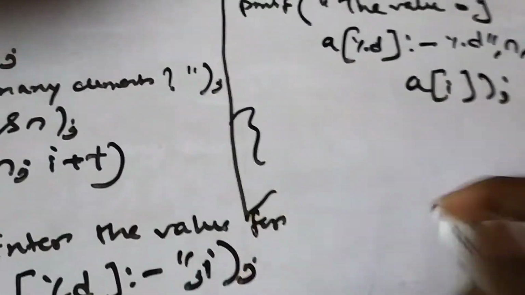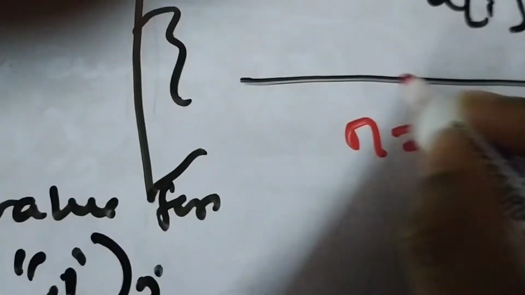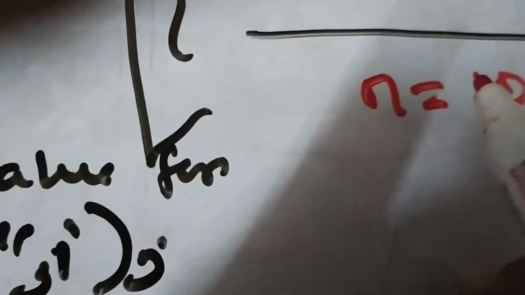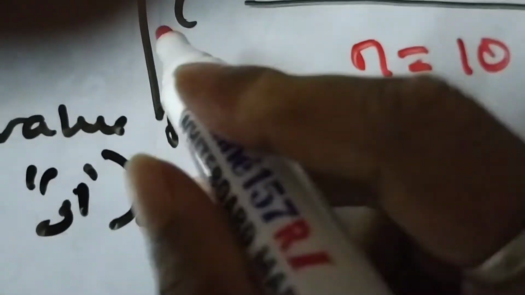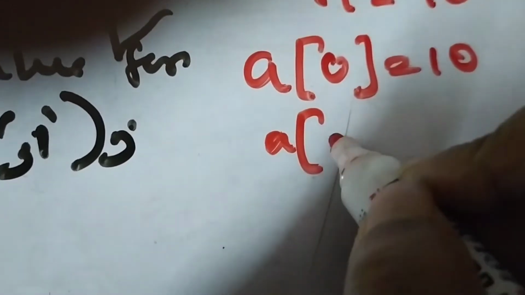The output of the program: suppose I have specified the number of elements as 10, then I have to specify the first value, that is a0 equal to, suppose, 10, a1 20, likewise a9, since it is a 10 element array, the value will be suppose 100.